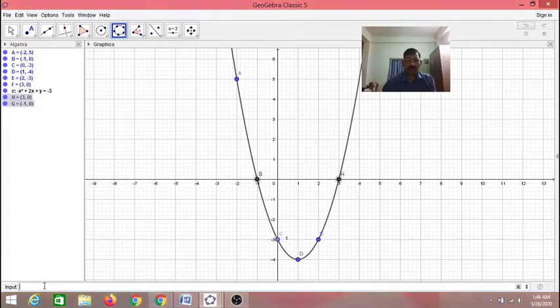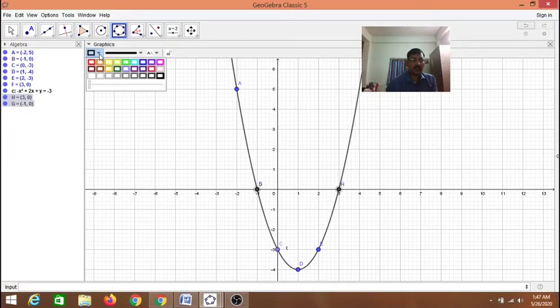Here you can see the two zeros, right? We can see the two zeros separately here. This is what we have to understand. Right, now let us go for the next one.